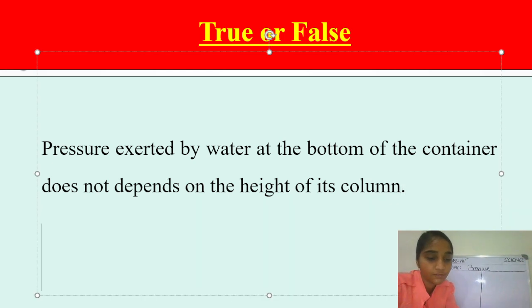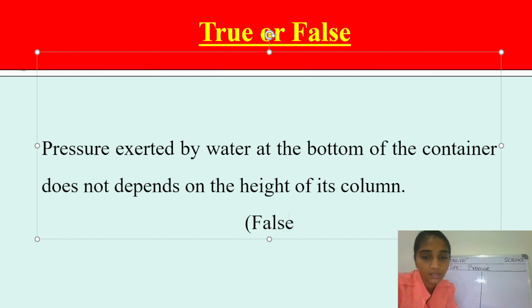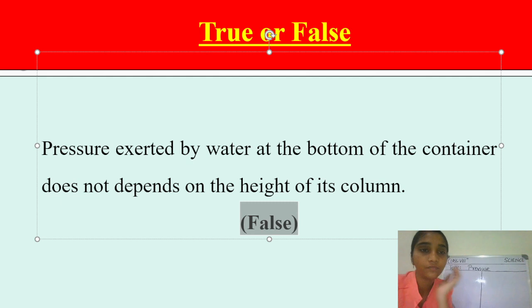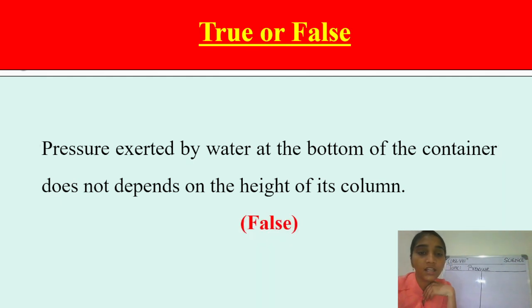If you are answering it as false, you are correct. It is a false statement. And students, why is it a false statement? Yes, because we have just seen that the pressure exerted by the water depends on the height of its column, right? Yes, very good, students.